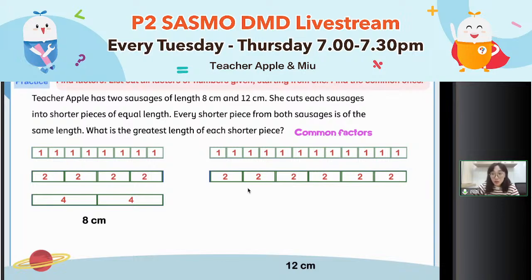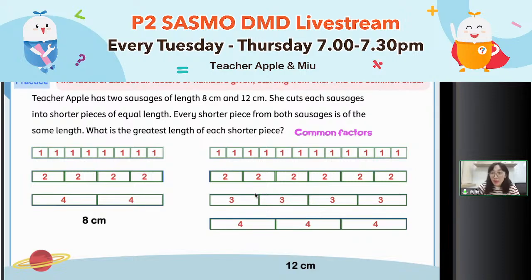We know that 6 times 2 equals 12 as well. And after that, again, we have 3. 4 times 3 equals 12, and also 3 times 4 equals 12. And everyone, do not forget, we also have 6 plus 6. That is 2 times 6 equals 12.